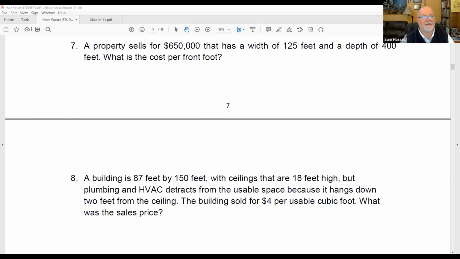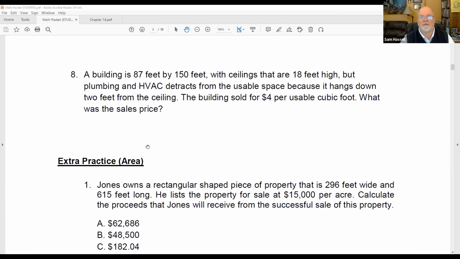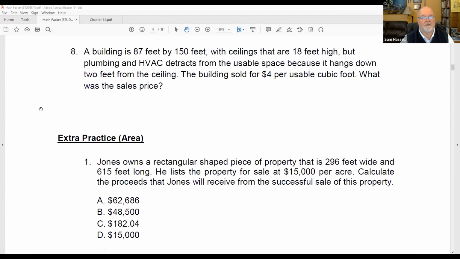All right, let's look at number 8 here. I want you to think this one through. In this question, we have a building that's 87 feet by 150 feet.